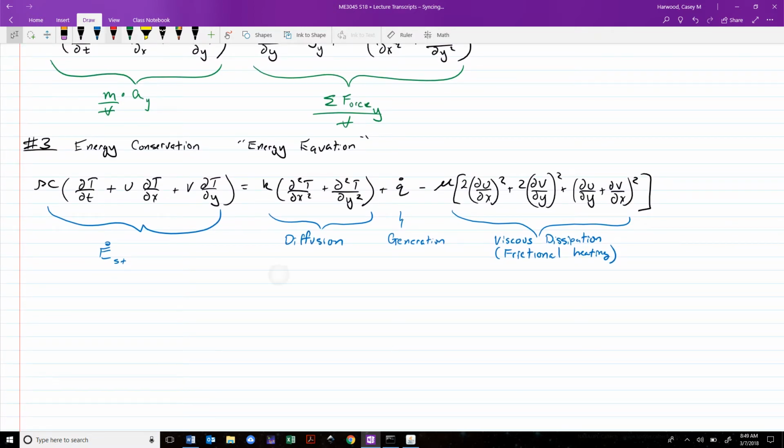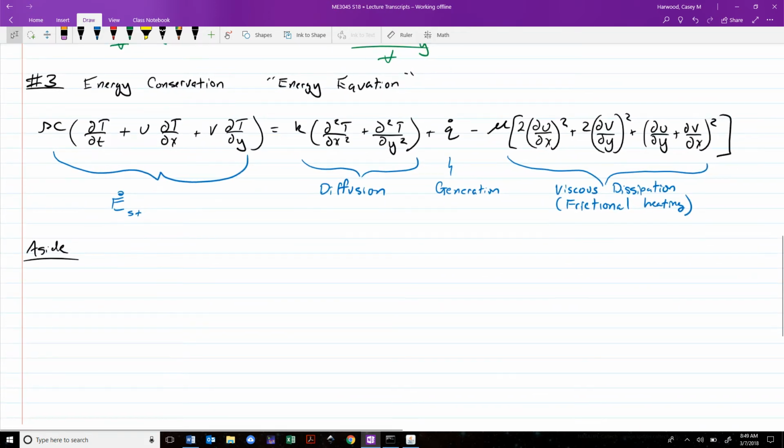Quickly here, as an aside, I want to demonstrate some of the physical reasoning behind this. What if we were to temporarily say, let's forget about this heat generation term and let's get rid of this viscous dissipation term. So hypothetically, if Q dot equals 0 and we're talking about an inviscid fluid. Usually air is pretty well approximated by the inviscid assumption because viscosity of air is very low.